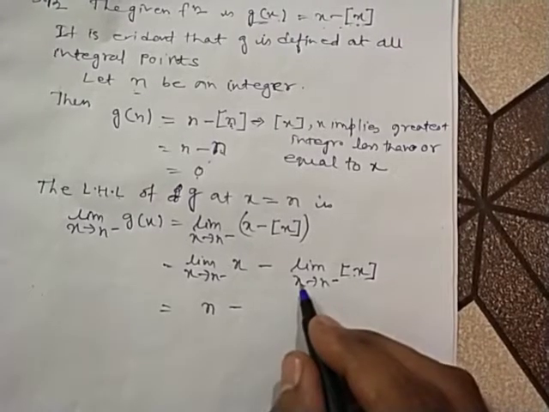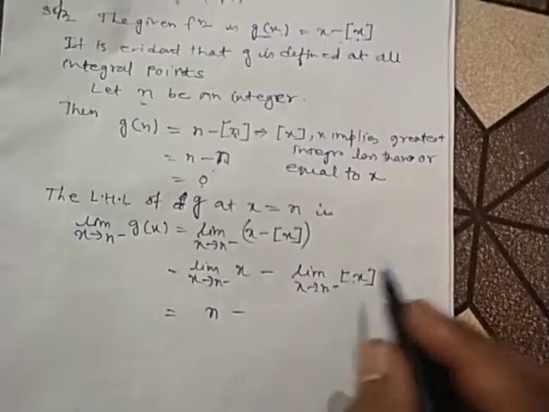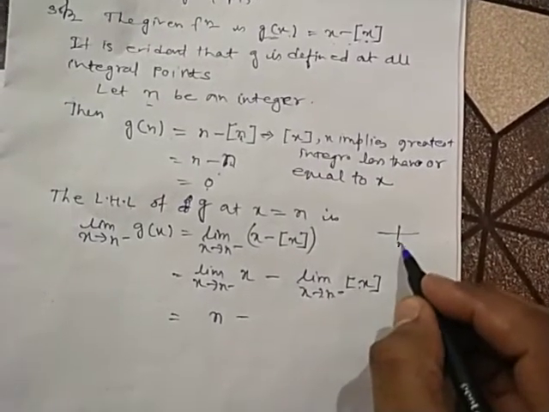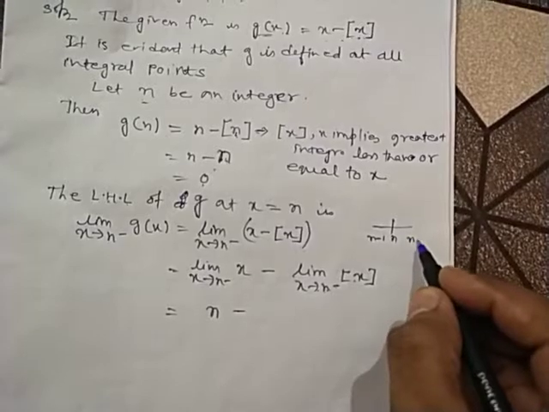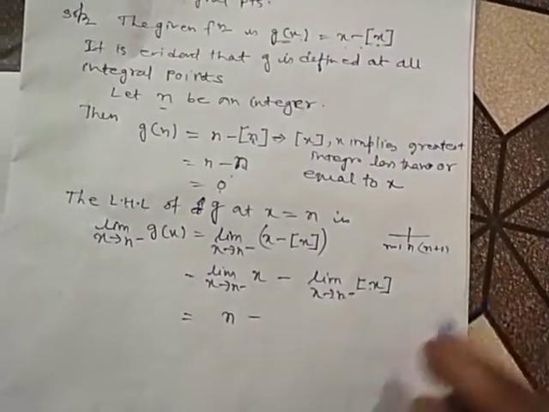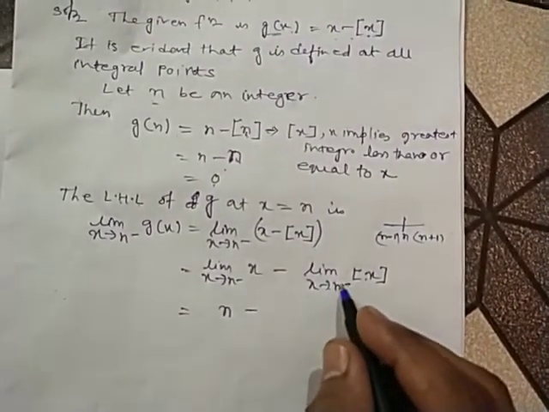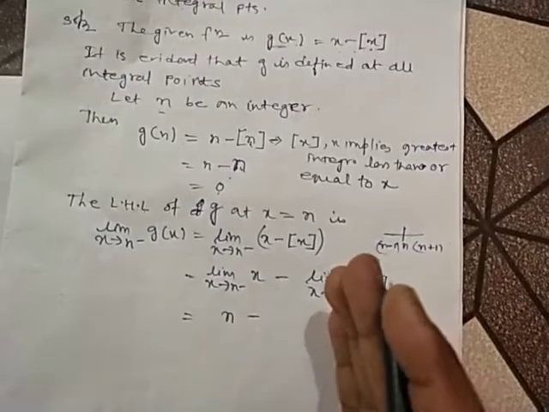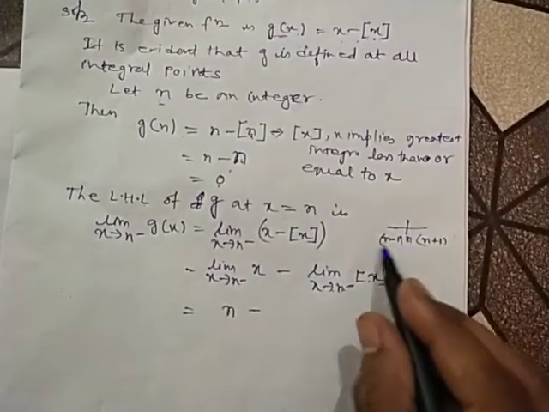When x tends to n negative, it means smaller. n negative means the left hand side of the point n, all points to the left hand side of the point n.